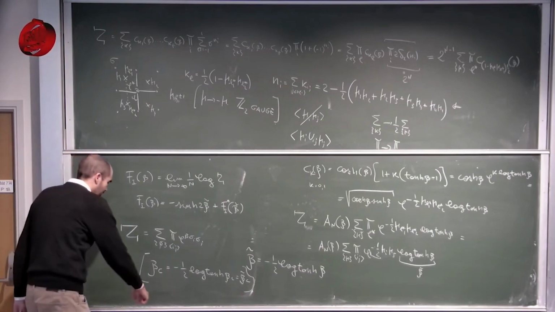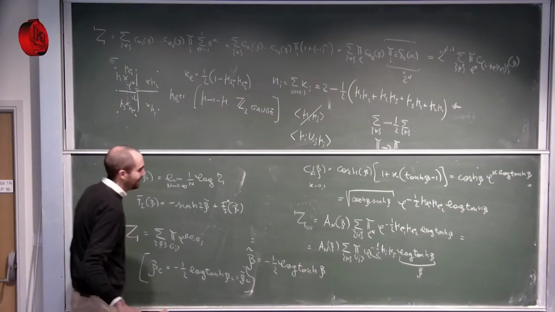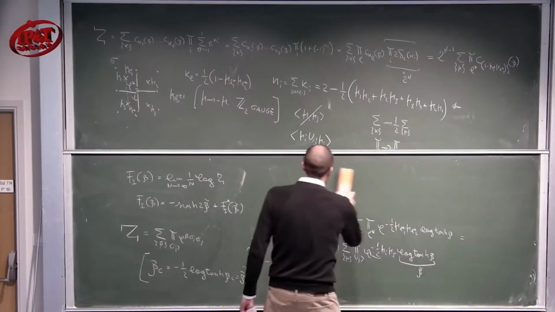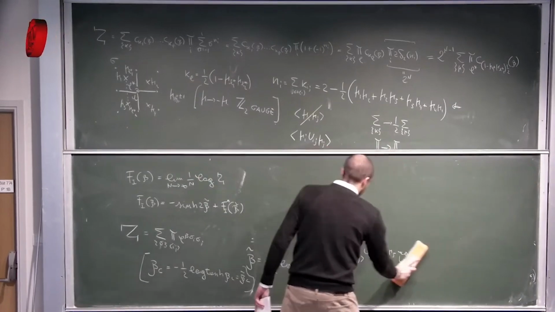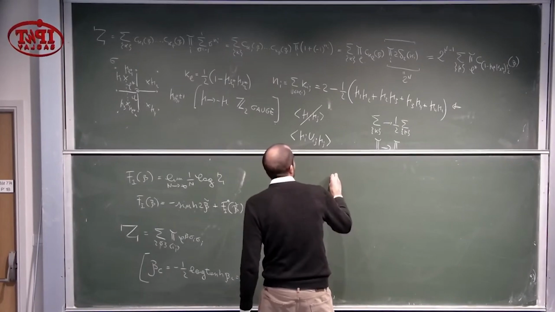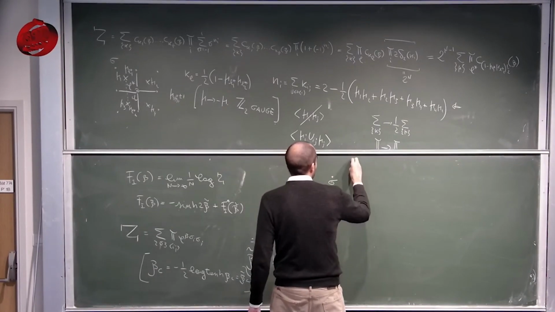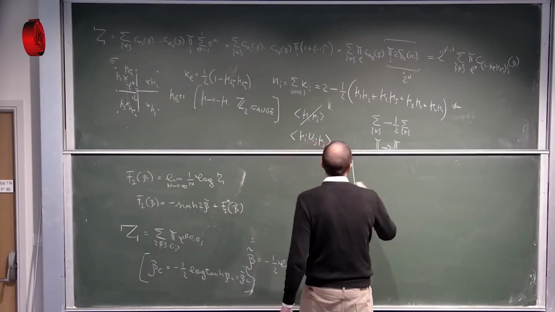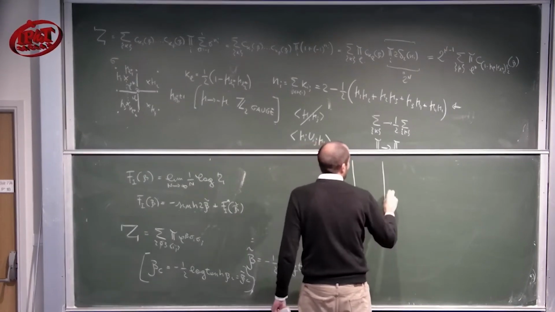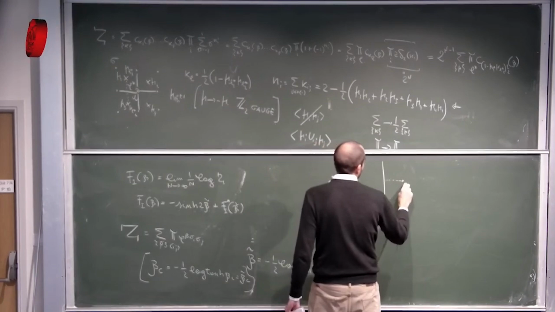You might be bothered by the fact that this is not really a symmetry in the traditional sense, because exactly as in the picture we drew at the beginning, we're relating some 2D Ising model with something that is coupled to a gauge theory.